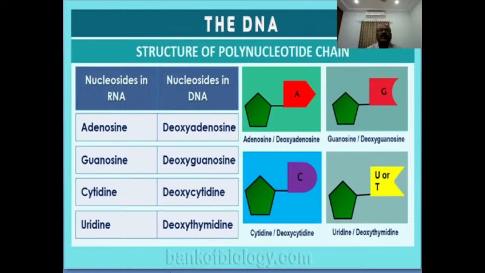So, in RNA, 4 types of nucleosides: adenosine, guanosine, cytidine, uridine. In DNA: deoxyadenosine, deoxyguanosine, deoxycytidine, deoxythymidine. So, these are the different types of nucleosides in DNA and RNA.